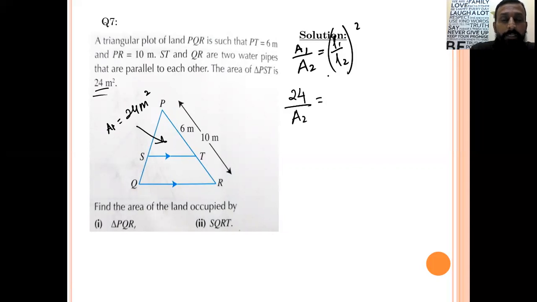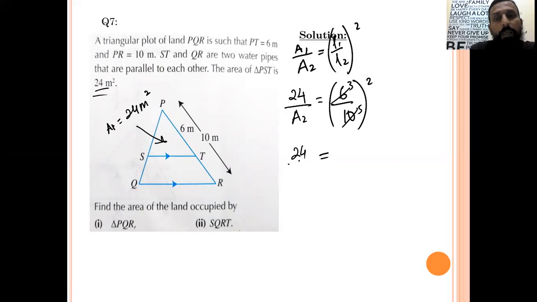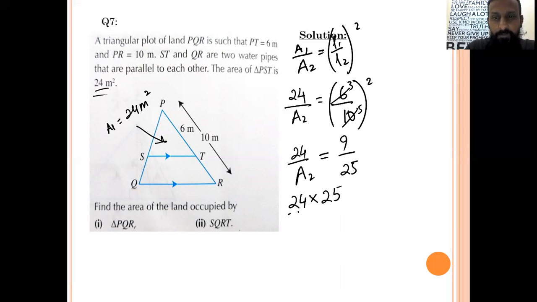So this length PT is given to you as 6 meters, and the bigger length PR is given to you as 10 meters, the whole square. 2 threes are 6, 2 fives are 10. So you can open up: 24 upon A2 equals 3 threes are 9, 5 fives are 25. Furthermore, you can simplify it by cross multiplying the denominators on either side. 24 multiplied by 25 divided by 9 is equal to A2.